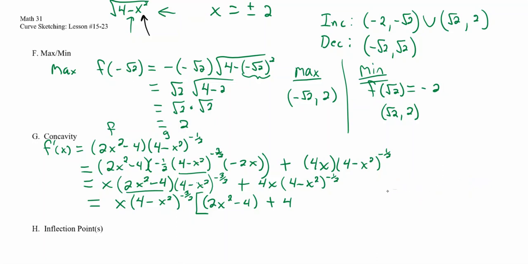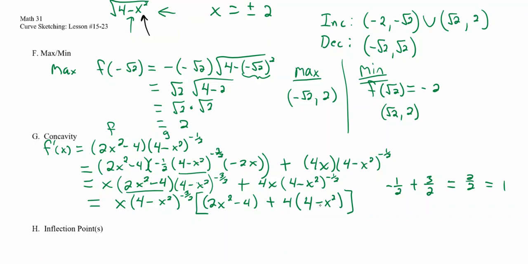You guys might have seen my mistake there. My bad. That's negative a half minus negative 3 over 2, so that's negative a half plus 3 over 2. That's 2 over 2, which is even better because that's 1. There, that's better. So that's what my exponent is. So that's going to be 4 times 4 minus x squared to the power of 1.